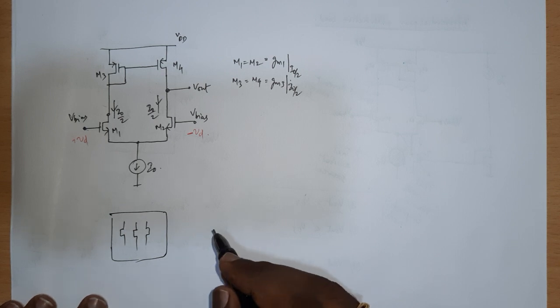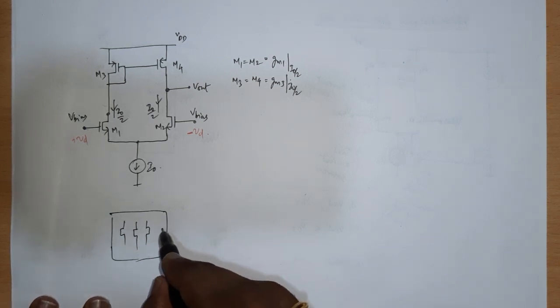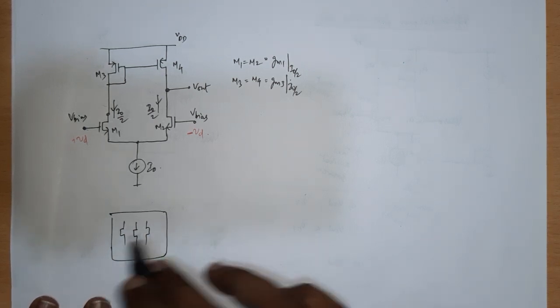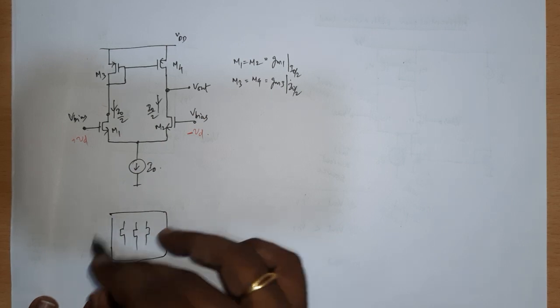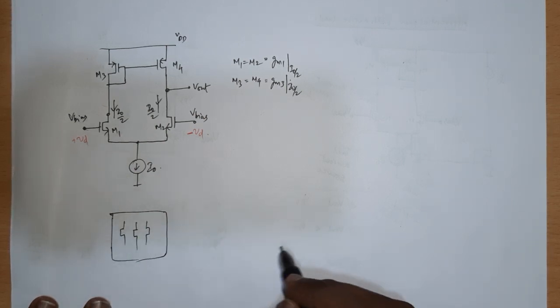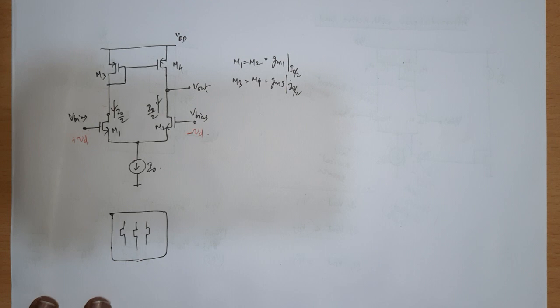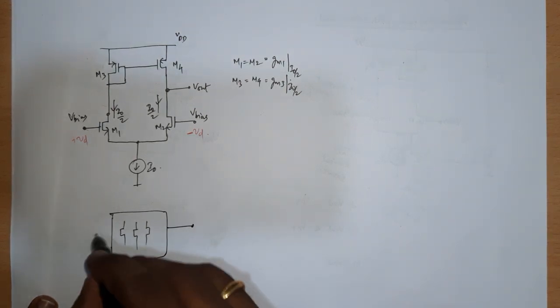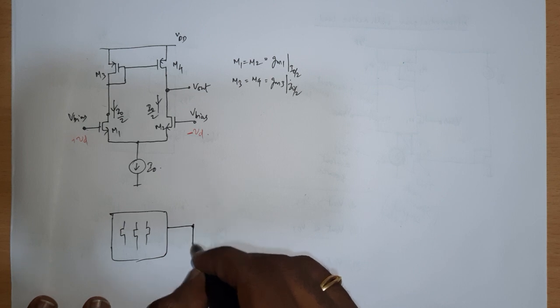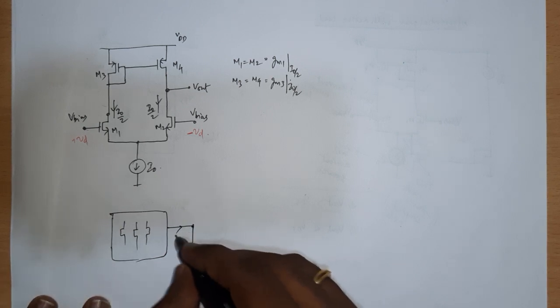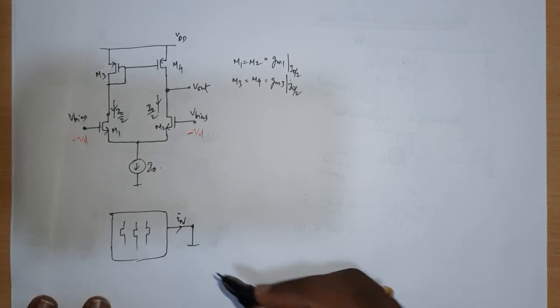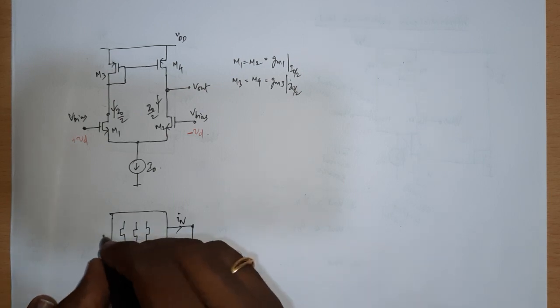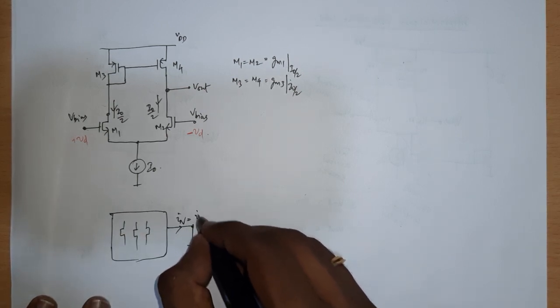These are all incremental pictures that I'm talking about. I have some transistors connected, and incrementally I want to obtain some equivalent circuit. In that case, I can short the output node to the ground and find the Norton equivalent current IN, which is equal to I out.